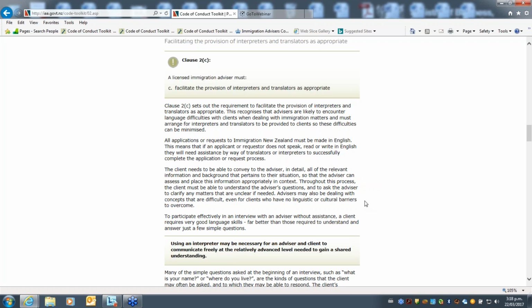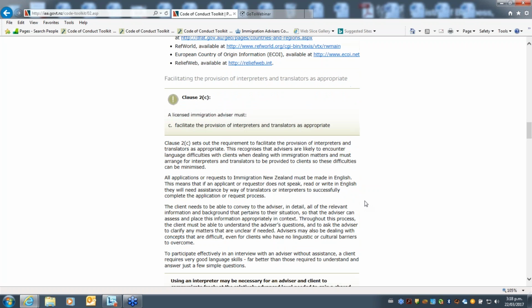There's quite a bit of information about using interpreters and translators here in the toolkit, and again I'm not going to go into it in detail, but what I will say is that you need to think carefully about who you're using as interpreters and translators. They need to be trustworthy, and you need to know that they can actually communicate the advice and the communications that you wish them to as the licensed advisor.